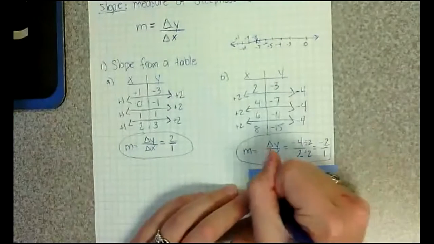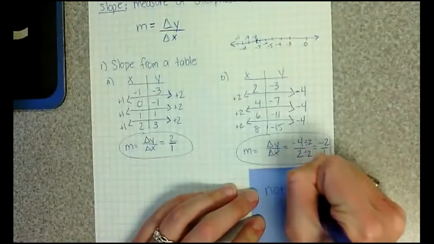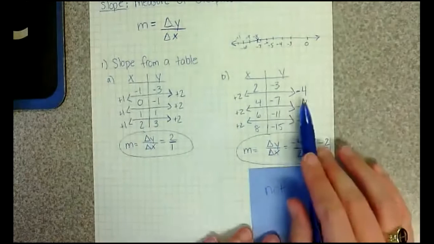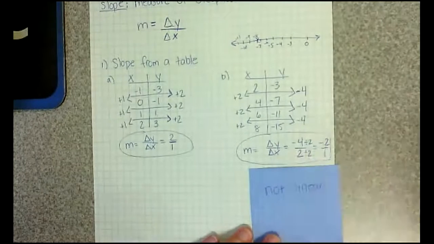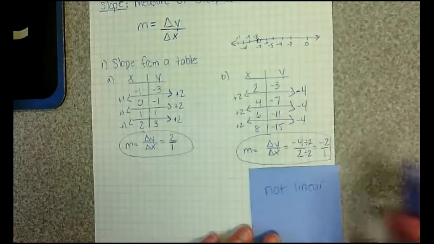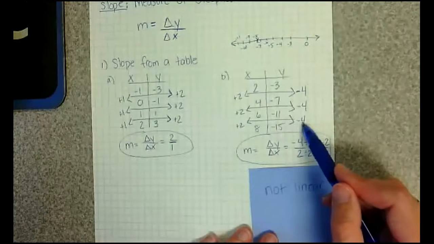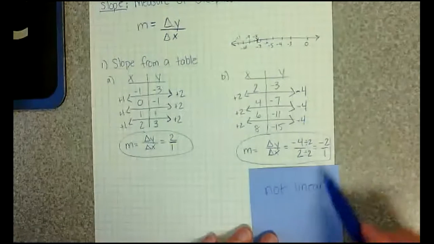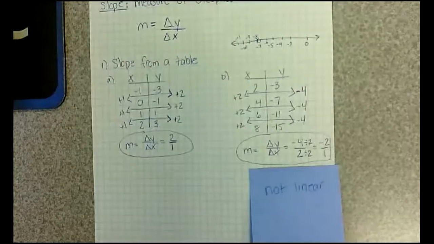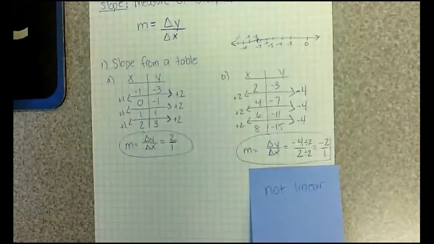If that happens, you would tell me for right now that it's not linear. Because I'm going to try to always give you guys linear tables, which means it increases by the same number each time or decreases by the same number each time. If it changes and this was a +4 and the rest of them were -4, you would tell me that it's not linear. All right. Good question.